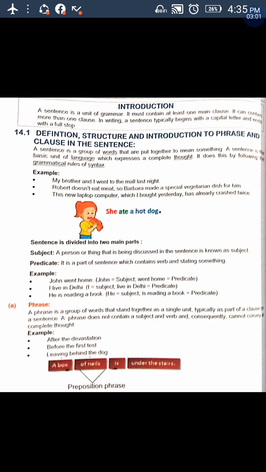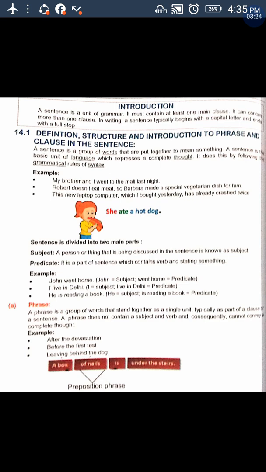Okay. Now see here, I have typed out this part for you all. Just see there, I've shown you all a difference there. I've given 3 examples of phrases. See, after the devastation, before the first test, leaving behind the dog.